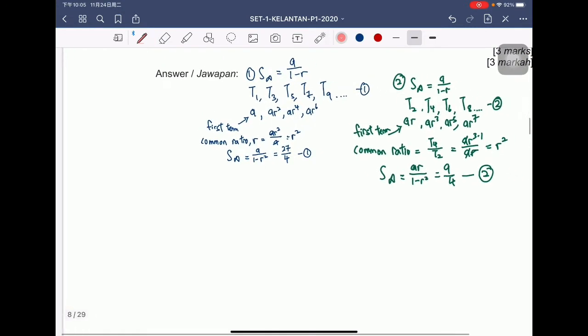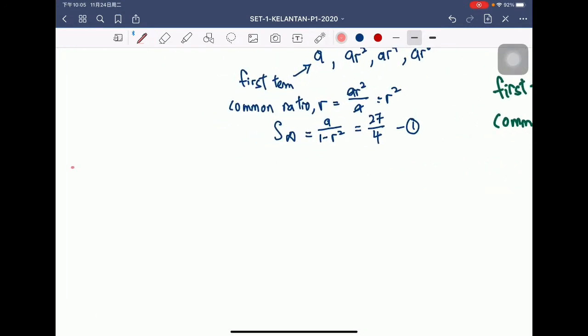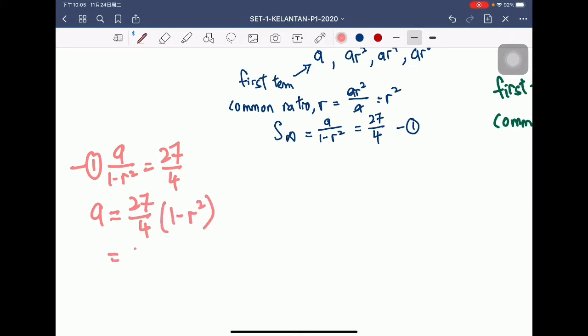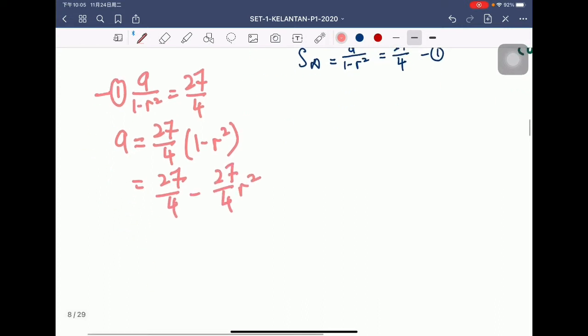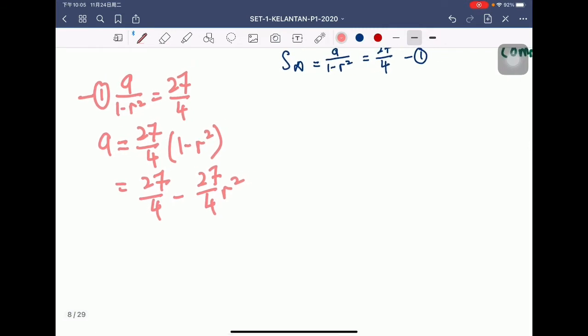You can see for the first equation here, a over 1 minus r squared equals 27 over 4. So a equals 27 over 4 multiplied with 1 minus r squared. So it will become 27 over 4 minus 27 over 4 r squared. So now we substitute the first equation into our second equation.